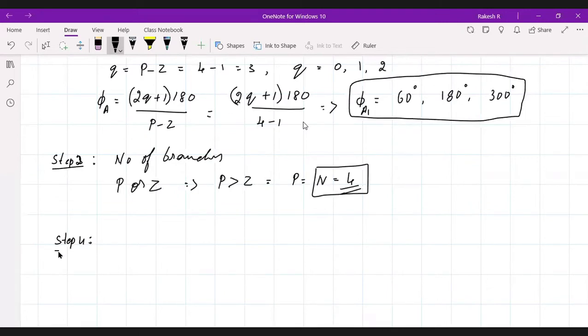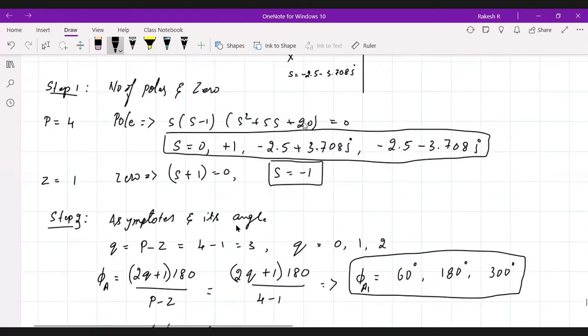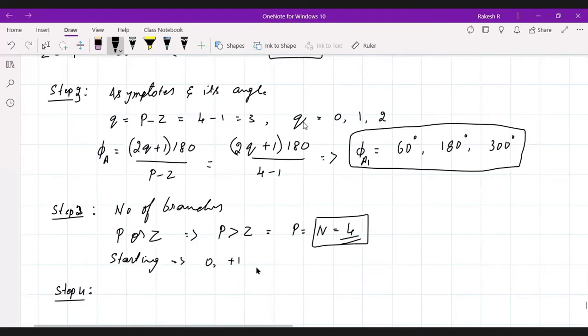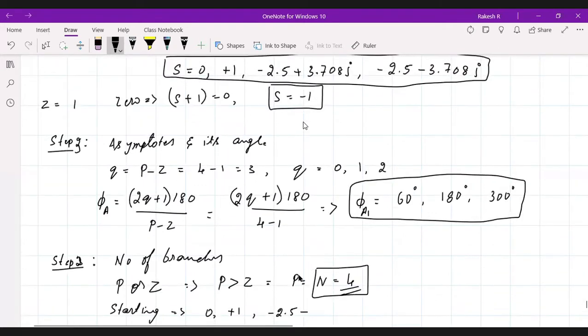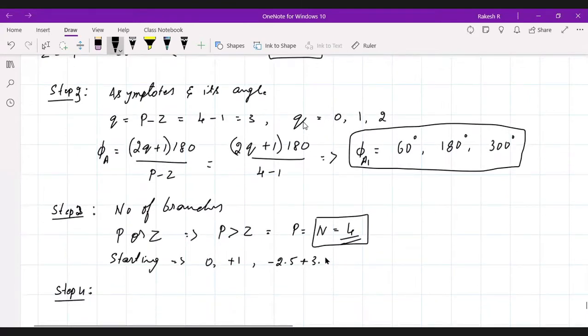Step 4 is the starting and ending points. For the number of branches, we need to take the starting and ending points. The starting points will be the poles, that is 0, plus 1, and minus 2.5 plus 3.708 j, and minus 2.5 minus 3.708 j, right?